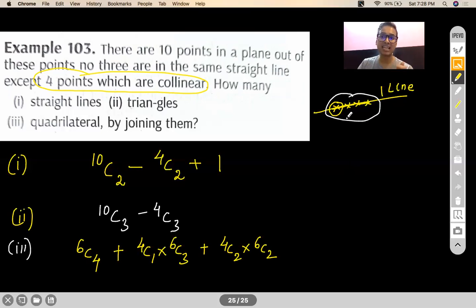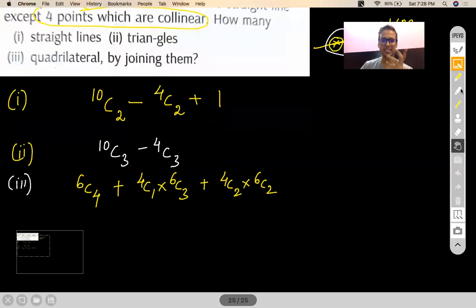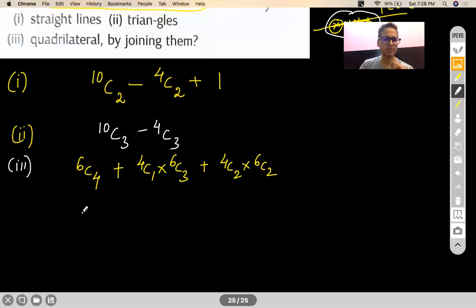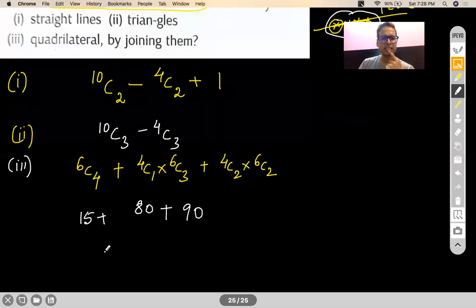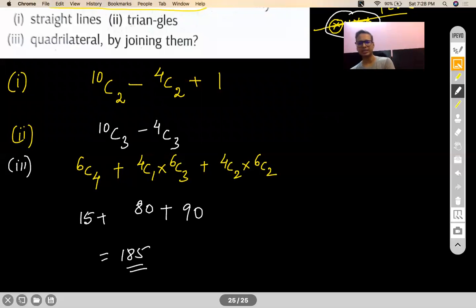If I pick 3 from here, I'll get a triangle. Okay. So the total number of ways should be this, as per me. This is going to be 15. This is going to be 80. And this is going to be 6 into 15, 90. Oh, 185. Absolutely correct.